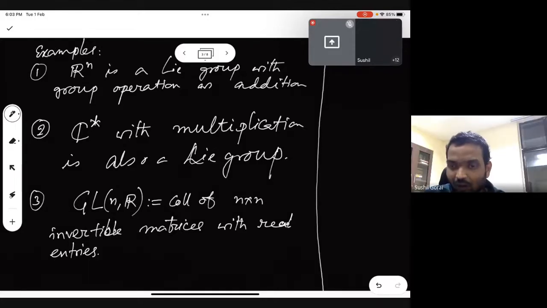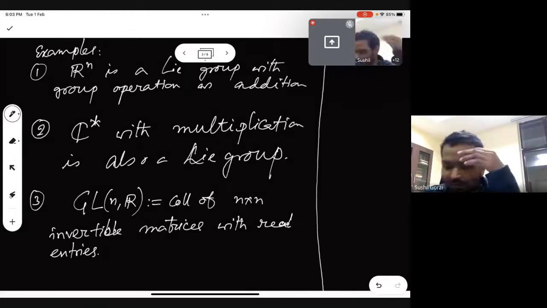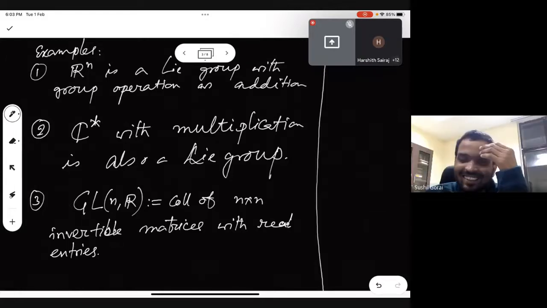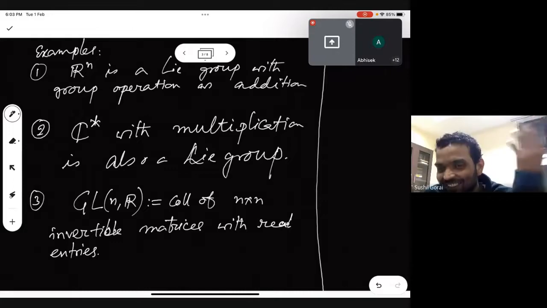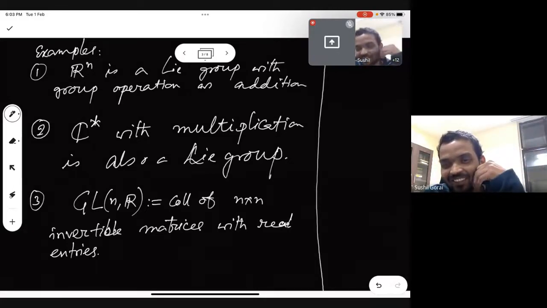Then, how do you get it as an open set? Sir, it's the inverse of open 0 to infinity. Is it true? The inverse of R minus 0, the set of non-zero points, is also an open set, right?